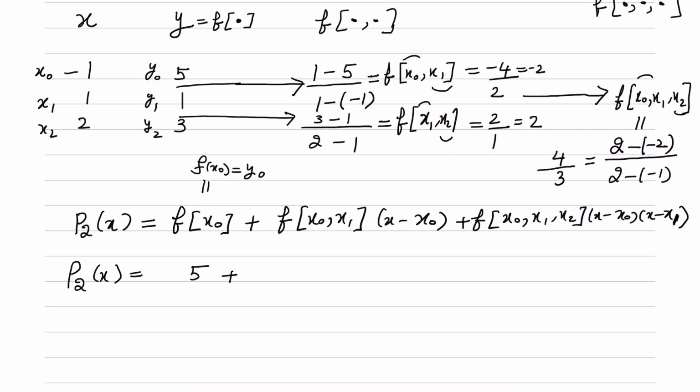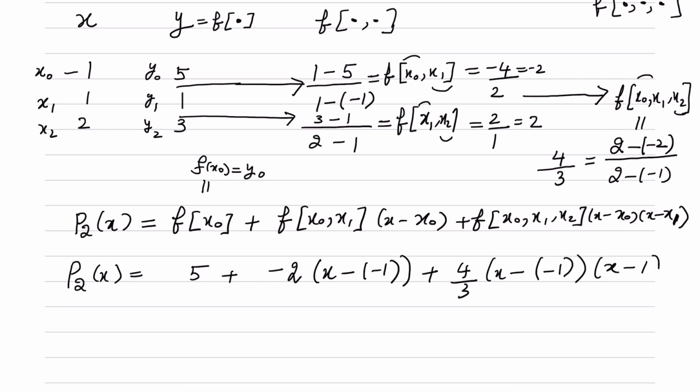From the third column, the first value, it is f of square bracket x naught x1, which is minus 2. X minus x naught is minus 1 plus f of square bracket x naught x1 x2, this value is 4 by 3 into x minus x naught is minus 1 into x minus x1, which is 1.